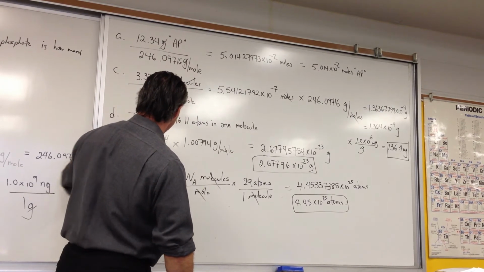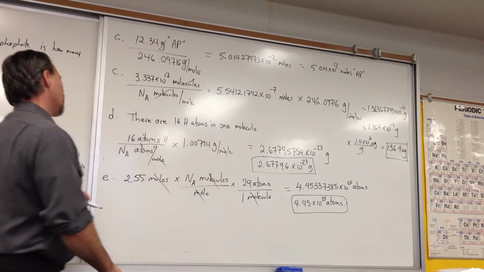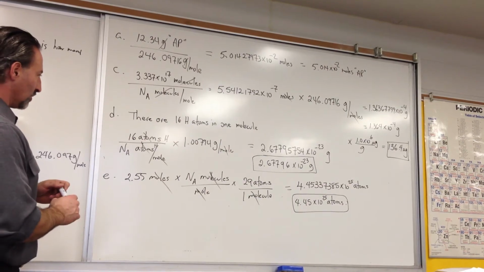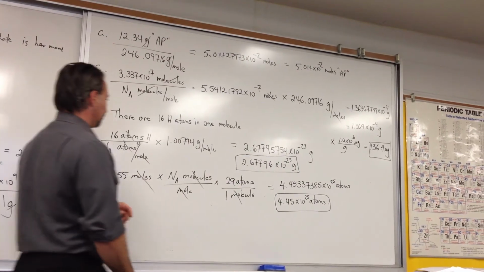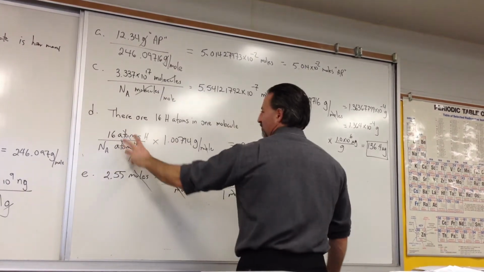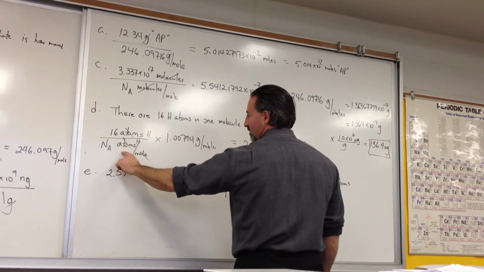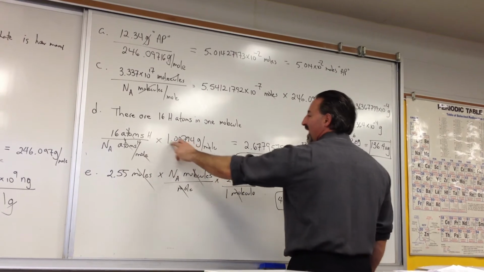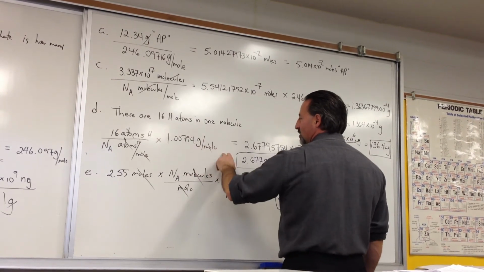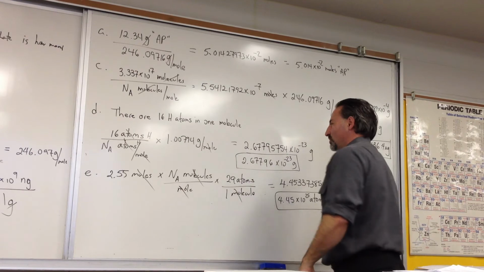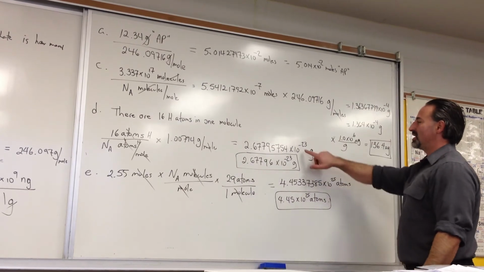I will say Avogadro's number of atoms of hydrogen per mole of hydrogen. That will give us the fraction of a mole that we're dealing with. 16 divided by 6.02 times 10 to the 23 times the mass of 1 mole of hydrogen atoms will tell us the mass of hydrogen, which is 2.67 times 10 to the minus 23.